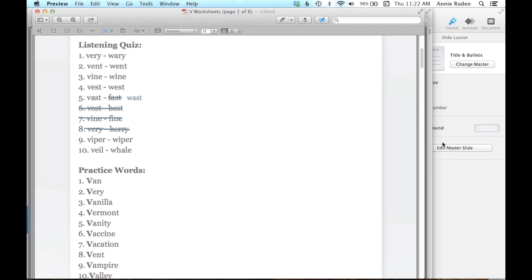What do you think? West. Second. Second, good. I like how you were saying them and contrasting them and listening to yourself. That's exactly right. So I said wast, and so vast, wast, vast, wast. Vast. Good. West. Good.